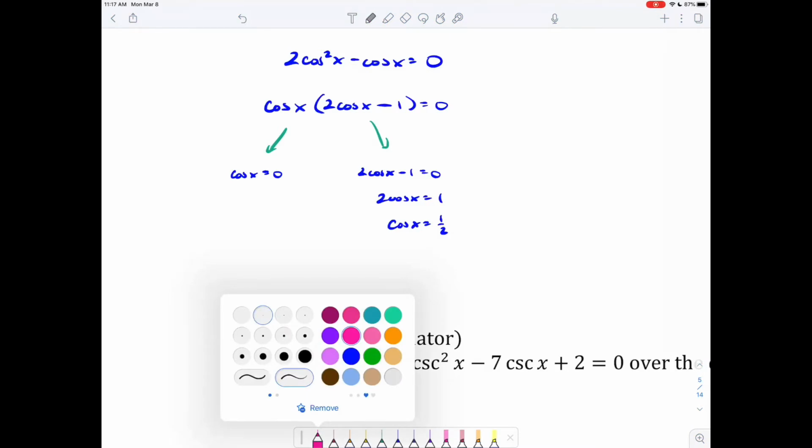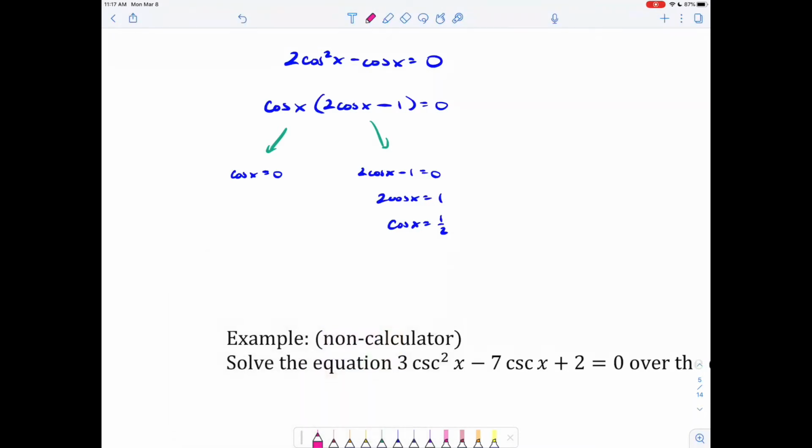If cos of x is 0, that's a case where we're probably dealing with x being pi over 2 or 3 pi over 2. You can consider getting that from the unit circle, since our x value on the unit circle is cosine of theta. We know that we're here, or we're here.